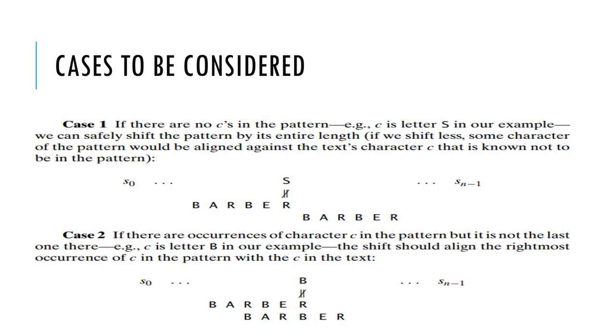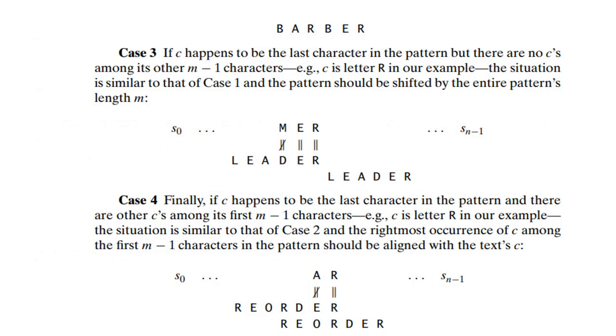How many times do I have to shift my BARBER pattern? B has to be shifted here, then A has to be shifted here. You're just moving the pattern by 2 characters like this. Now it has come BAR, BER. So this is how we shift it.